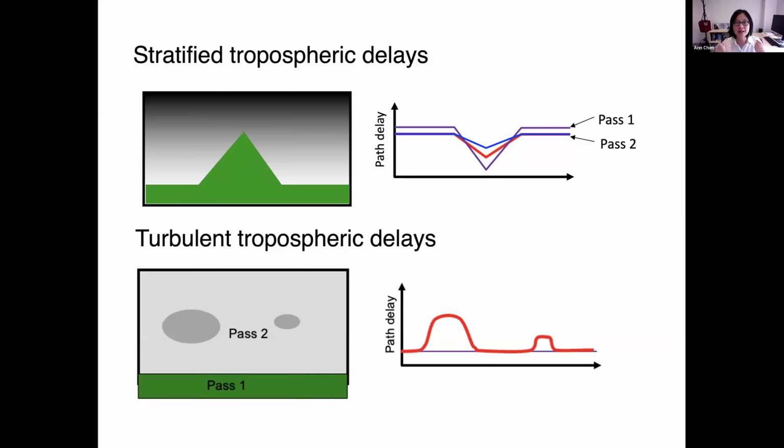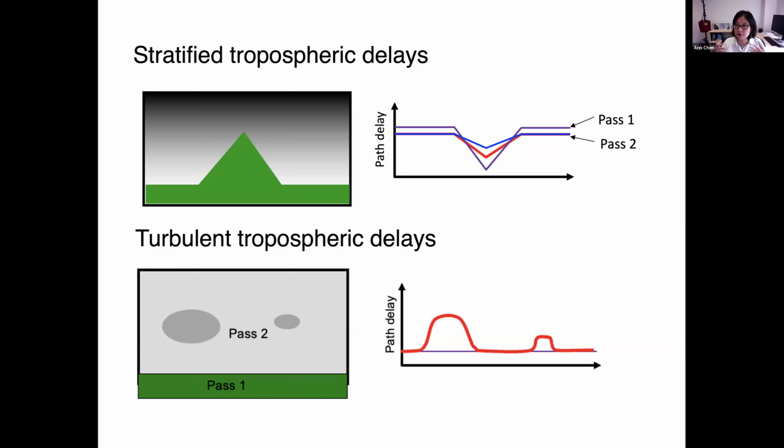So that's why I find that usually if you have a weather model-based correction, for an area with steep topography, it can do a fairly good job of capturing this stratified component. One way to mitigate that: the weather model usually has a poor spatial resolution, definitely not at the meter or tens-of-meter level that the InSAR pixels are, but usually at a kilometer or longer spatial resolution, and similarly for temporal resolution.